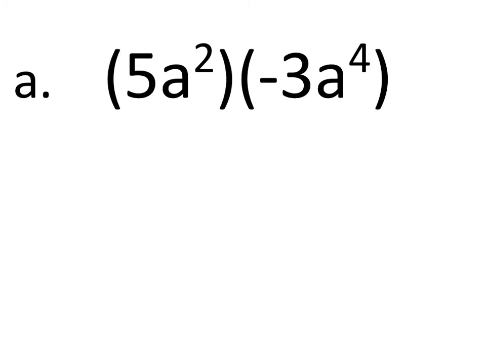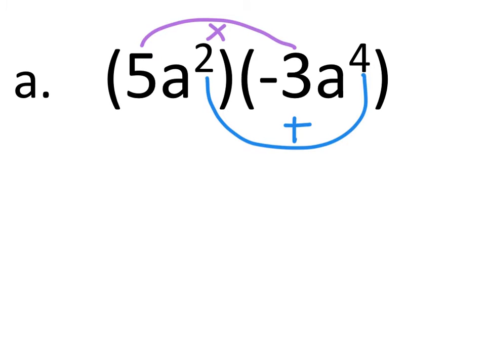Okay. So another way that I like to draw it out is like this, little rainbow up top, multiplication. Underneath, addition. So we're going to multiply 5 times negative 3.